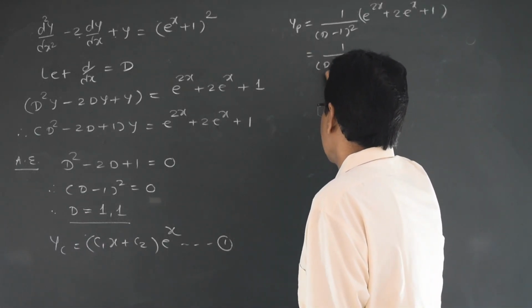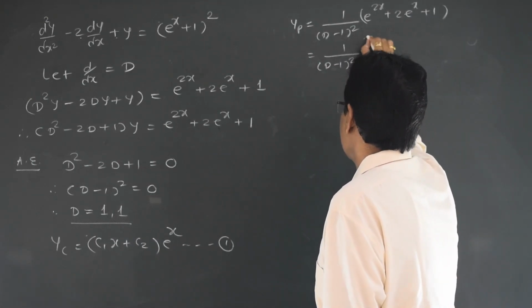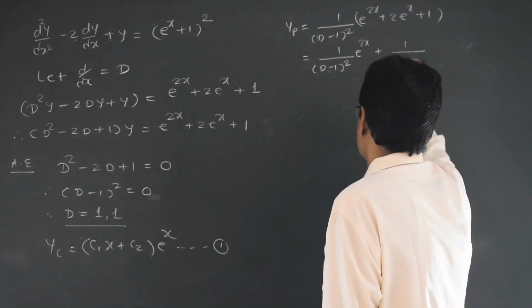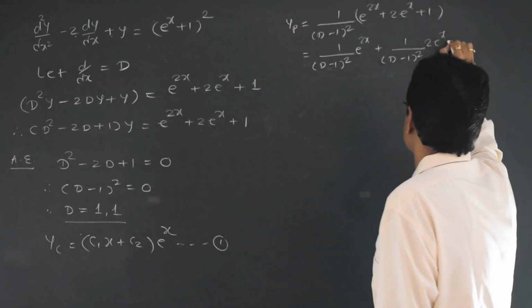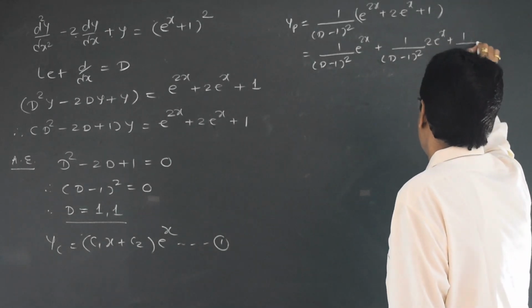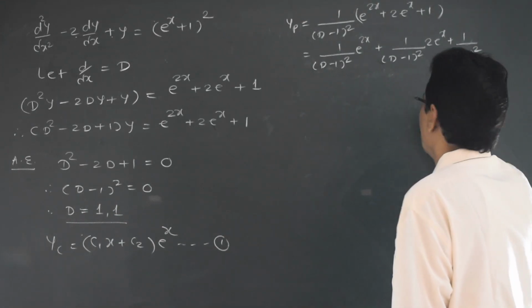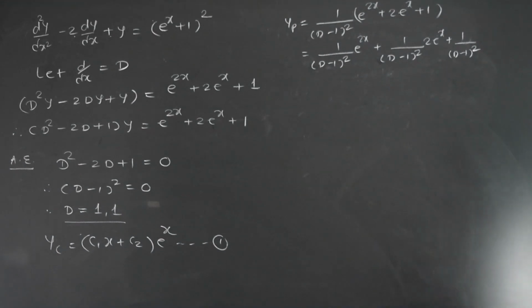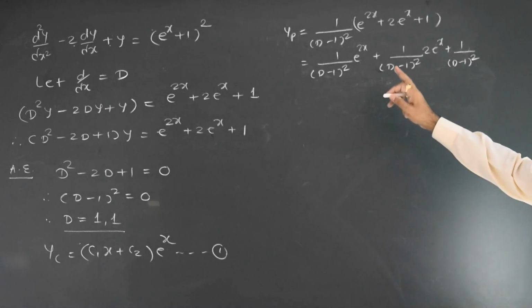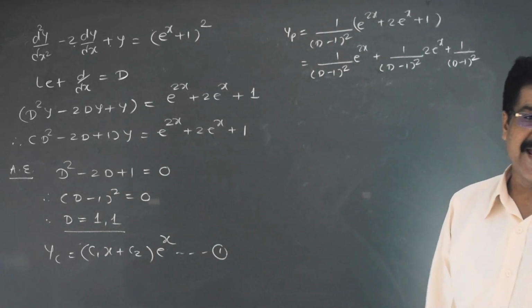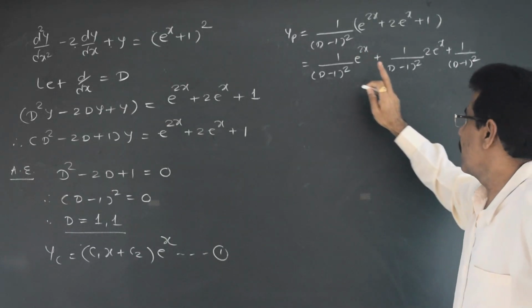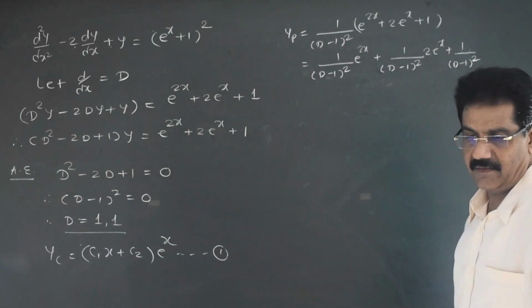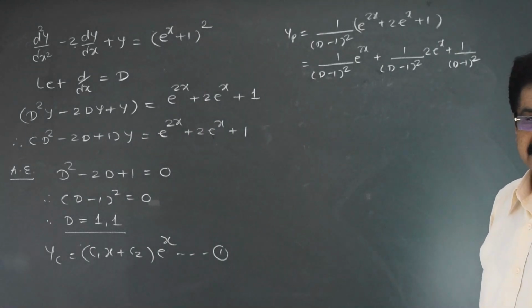So 1 upon (D minus 1)² e^(2x) plus 1 upon (D minus 1)² 2e^x plus 1 upon (D minus 1)². Now we can observe that here we just have to replace D by a. The value of a in the first term is 2 and in the second term is 1. We have to replace D by a.